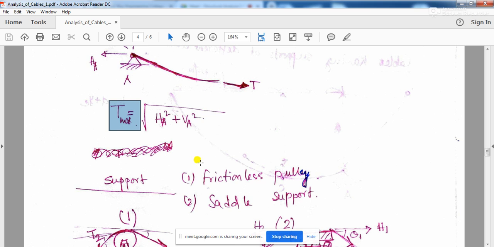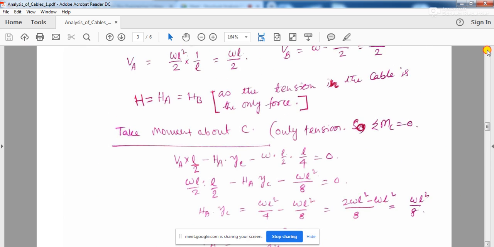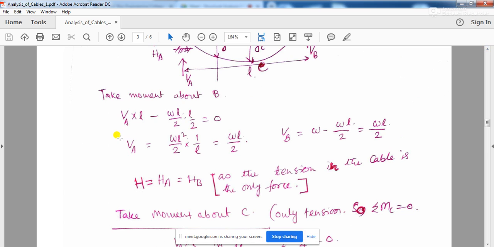Let us see what the values of HA and VA are. At the support, if I go a little up, we found from the analysis that VA is WL by 2, because when the cable is supporting a UDL, the total load is simply transmitted to the two supports.